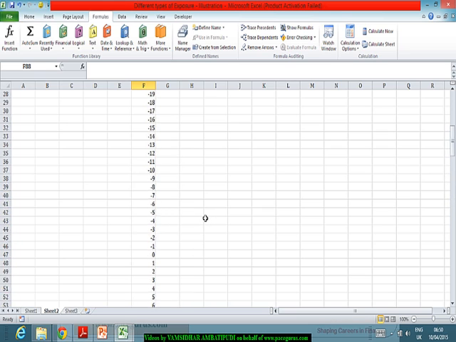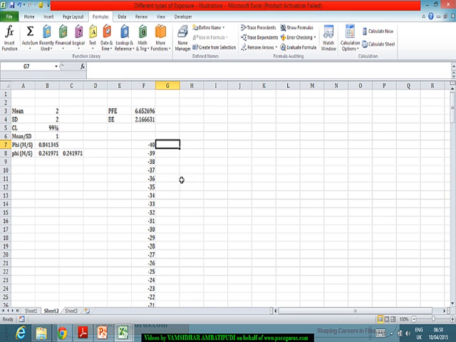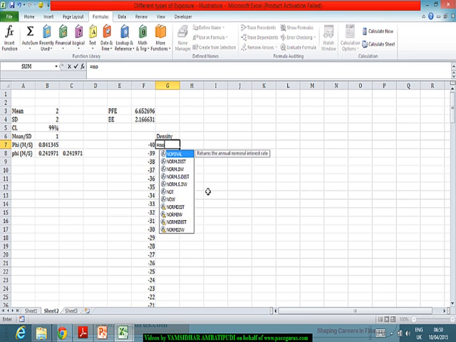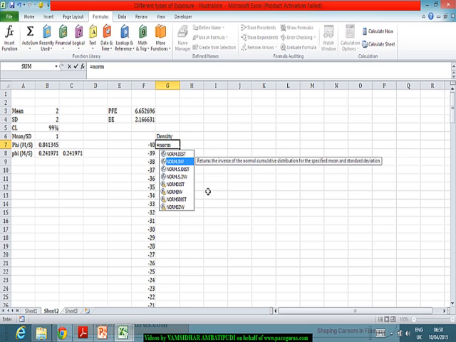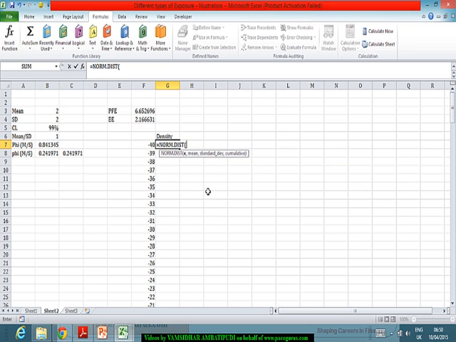So from minus 40 to plus 40, let me try looking at the density function across. Now what is my density function as per my computation? I will go with norm distribution because I did not convert it into standard normal.